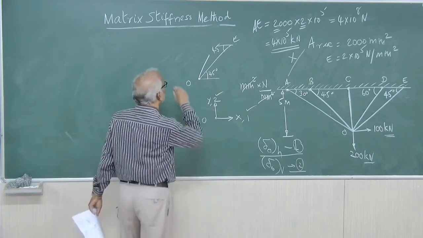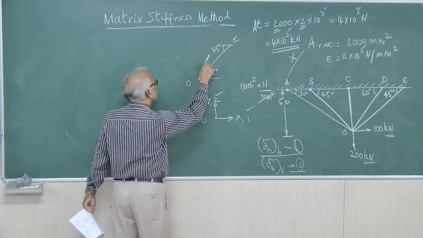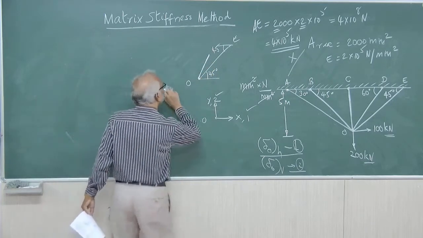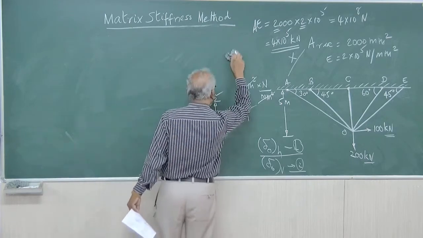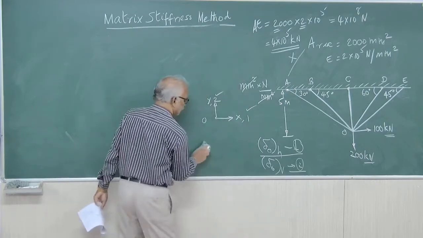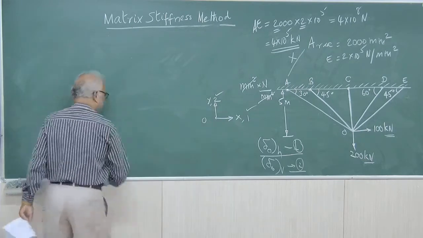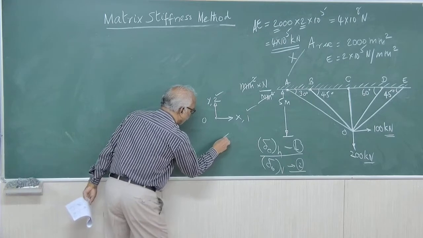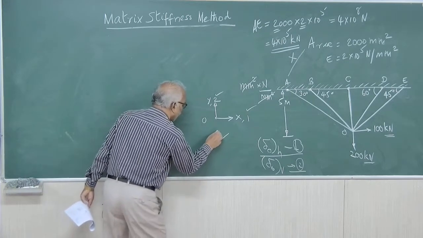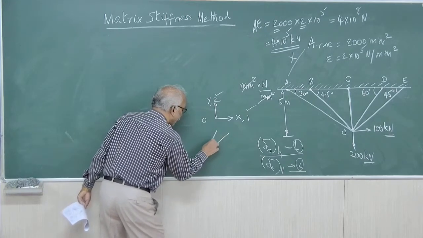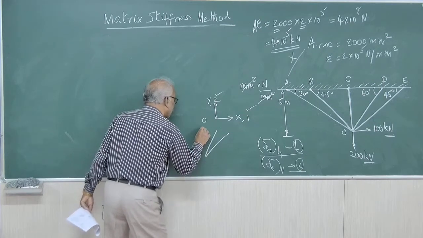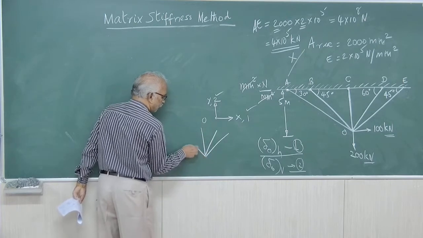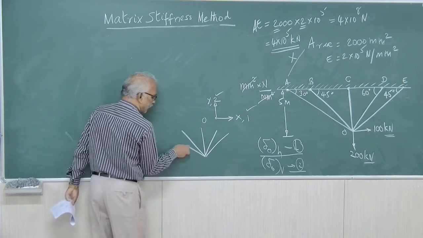I think you can understand. This is OD, second member. It is not proportionate, but that is a most important sketch. So this is O, 45, 60. Third member is vertical member. Fourth member and the fifth member.